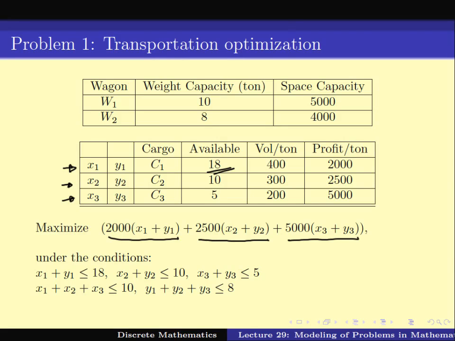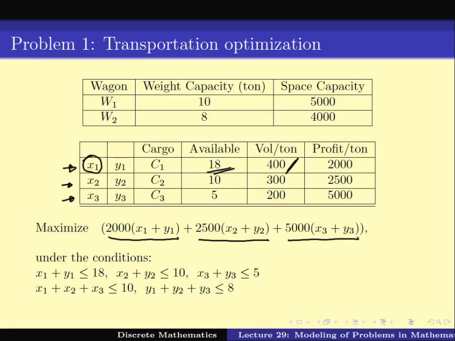Now what is the space capacity? How much space do we end up spending? The volume per ton for cargo 1 is 400, so the volume required for shipping x1 in wagon 1 is 400 x1.